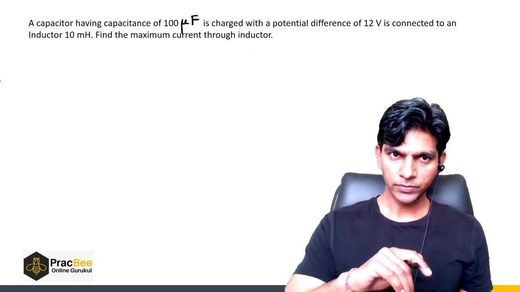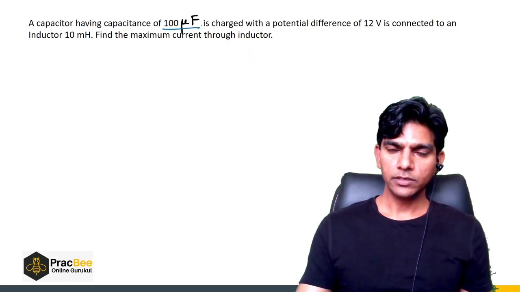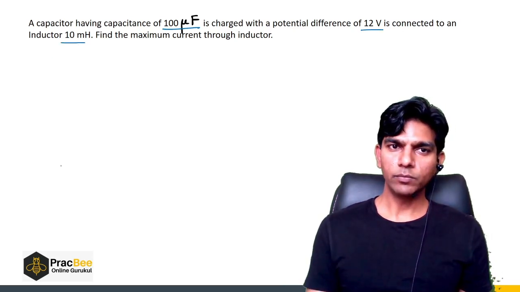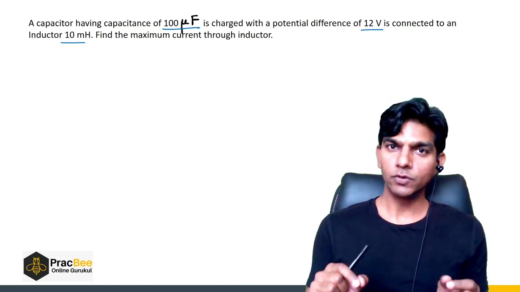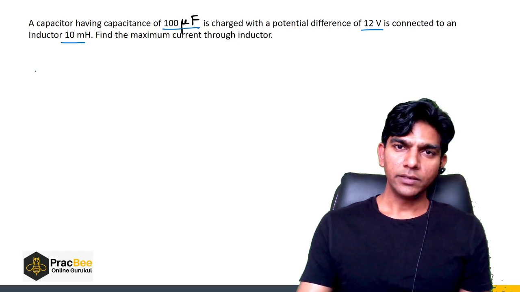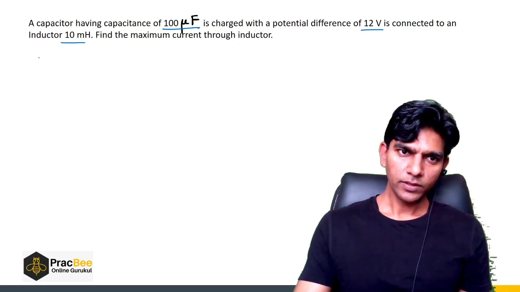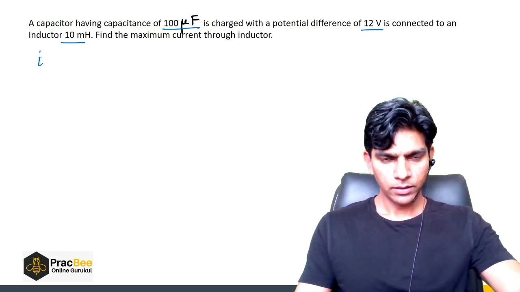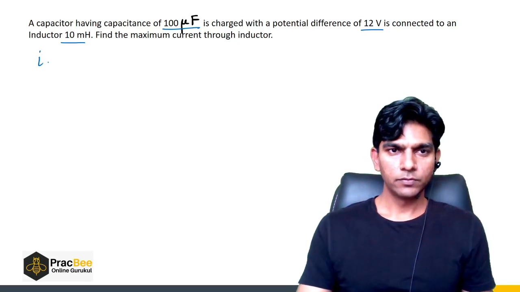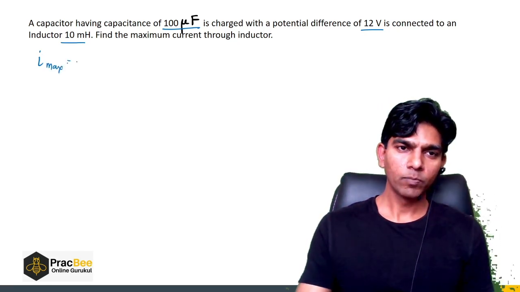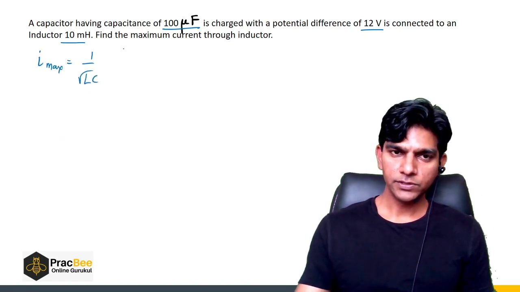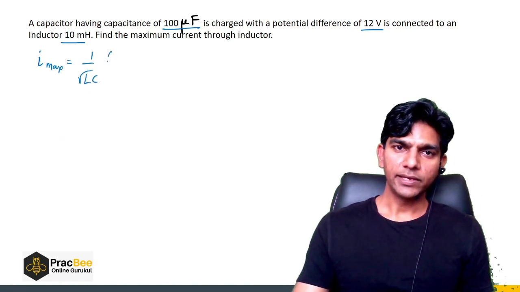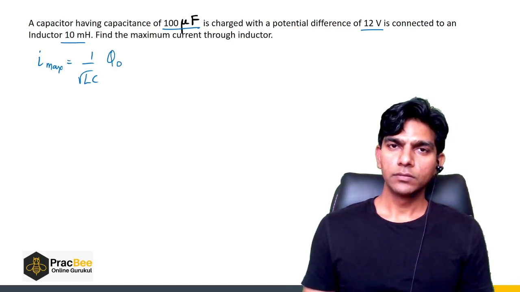Again, very easy question. A capacitor having capacitance 100 microfarad, charged with a potential of 12 volts, is connected to an inductor of 10 millihenry. Find the maximum current through the inductor. This question is from LC oscillation, and in LC oscillation, the maximum current will be given by 1 by root LC, which is the angular frequency of oscillation, times the maximum charge on the capacitor.